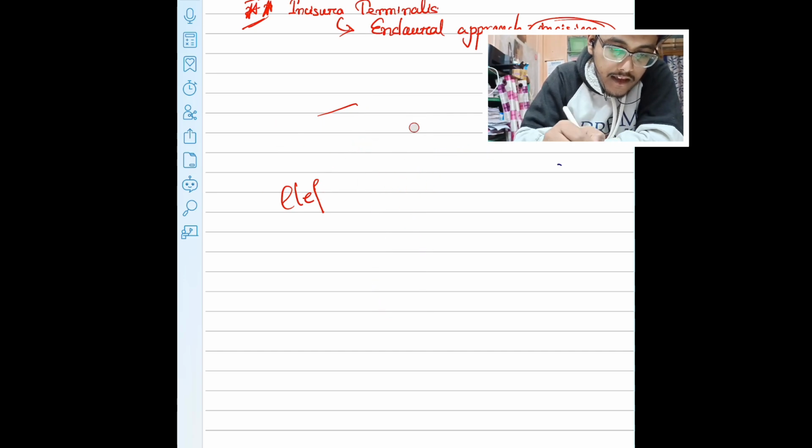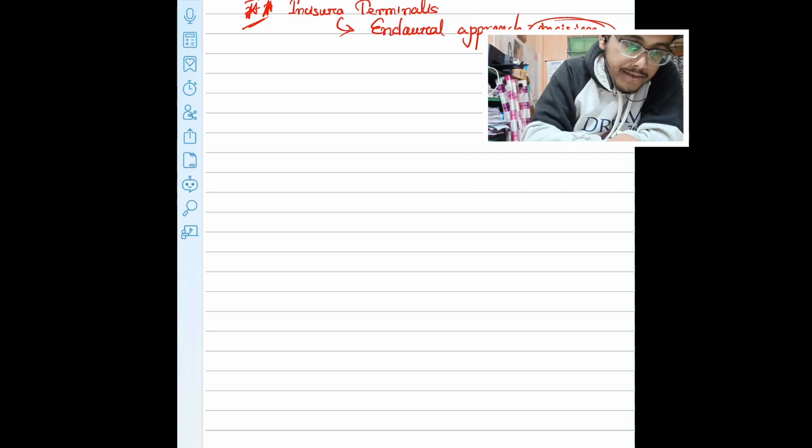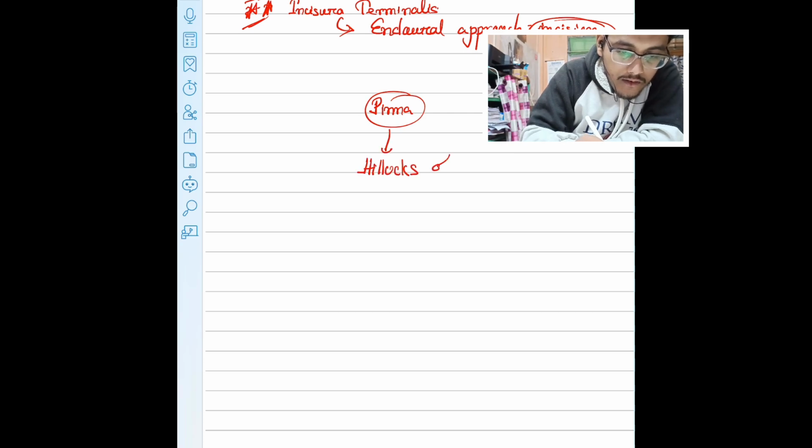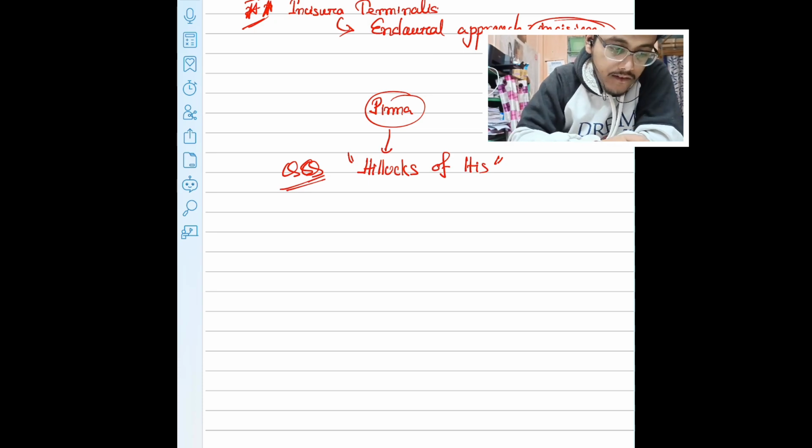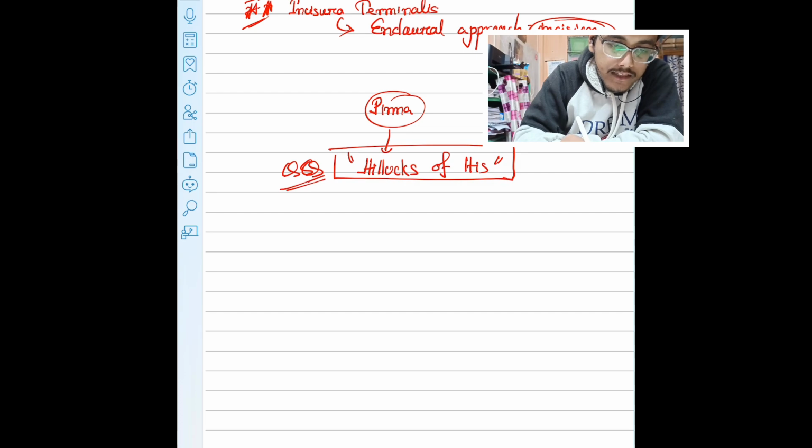How is it developed? This pinna develops from the auditory tubercles, also known as hillocks of His. This is an exam question for MCQ entrances. Pinna develops from hillocks of His.